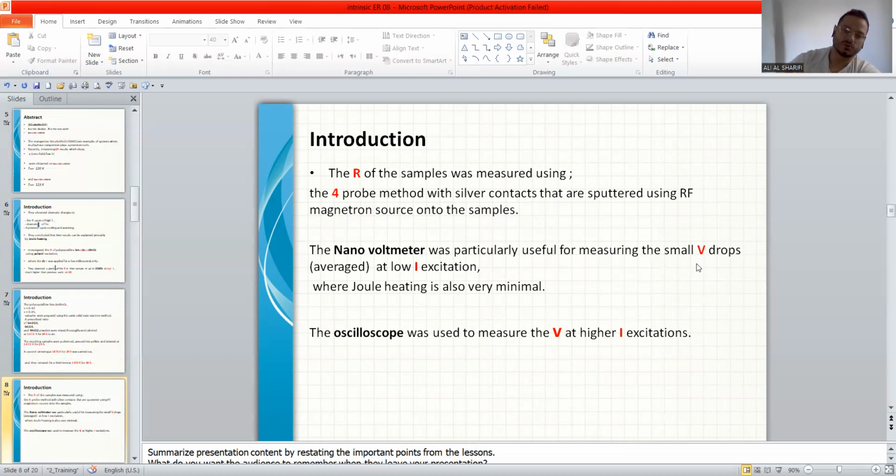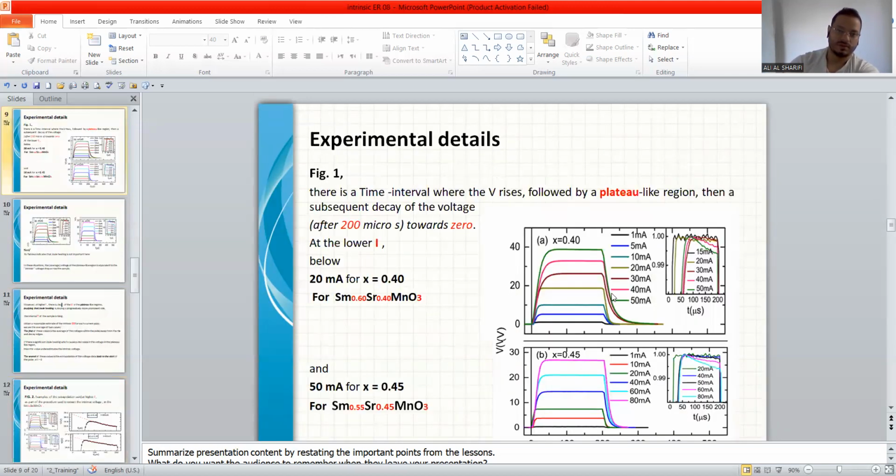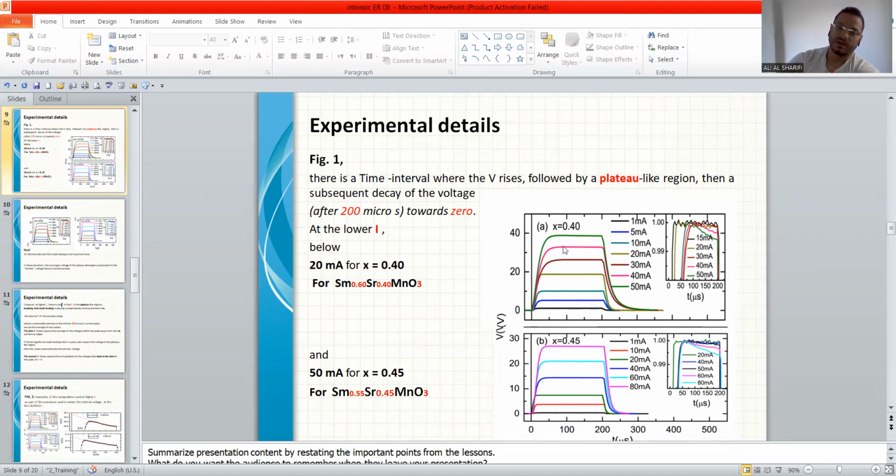And the second tool is the oscilloscope, which was used to measure the voltage at high current excitation, specifically at high current excitation. Here, experimental details. The important slides start from here. Here we have two slides. The first one is when x equal 0.4, and here x equal 0.45, with different amounts of current.